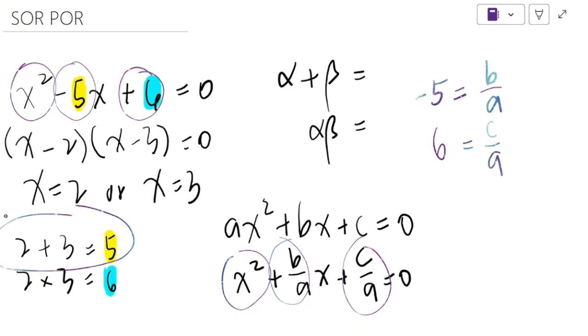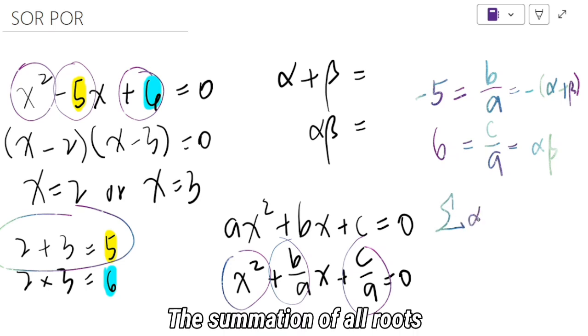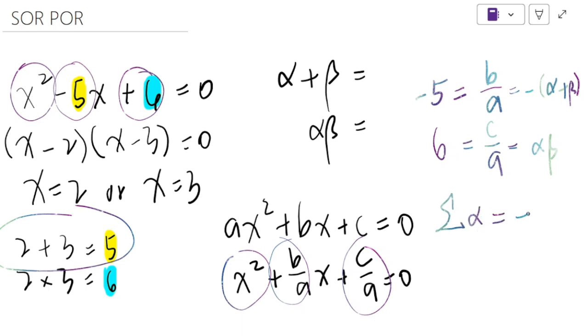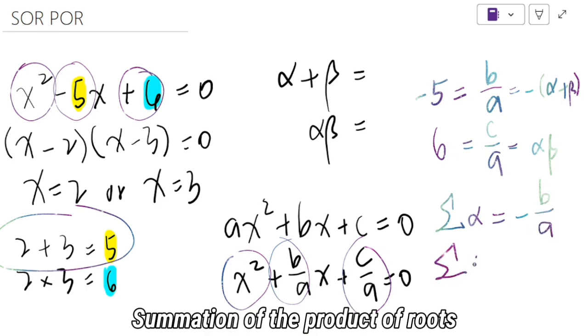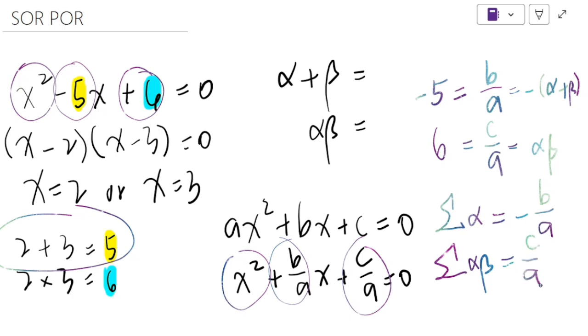Here, 5 is exactly the same as alpha plus beta, so negative 5 is negative of alpha plus beta, and 6 equals alpha times beta. So the summation of all the roots, alpha plus beta, is equal to negative b over a, and alpha times beta is equal to c over a.